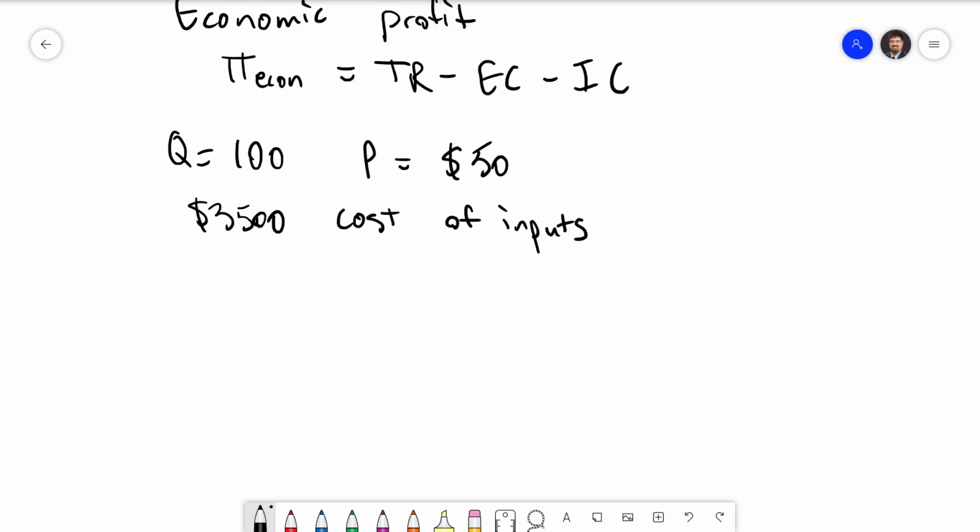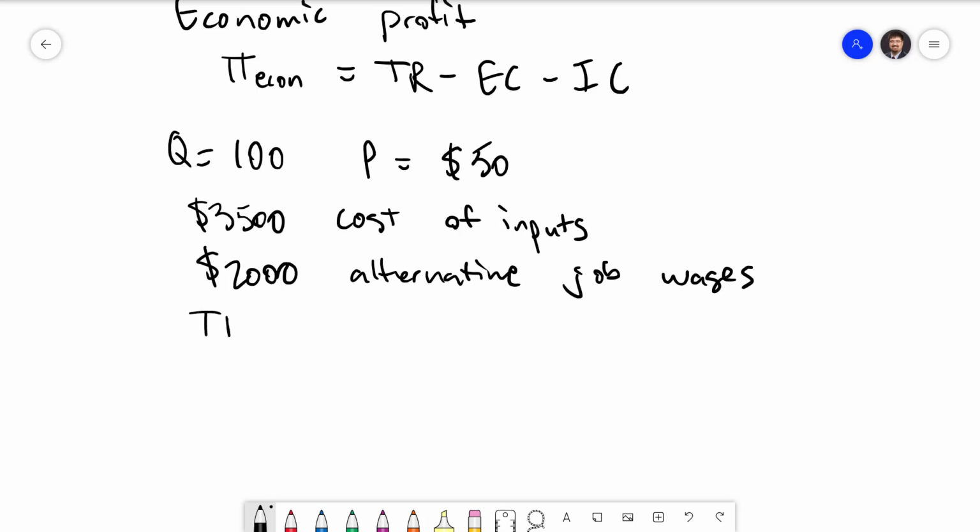Had our small business owner not been running this business, they could have worked at another job and earned $2,000 in wages. We'll use this information to calculate both the accounting and economic profit.